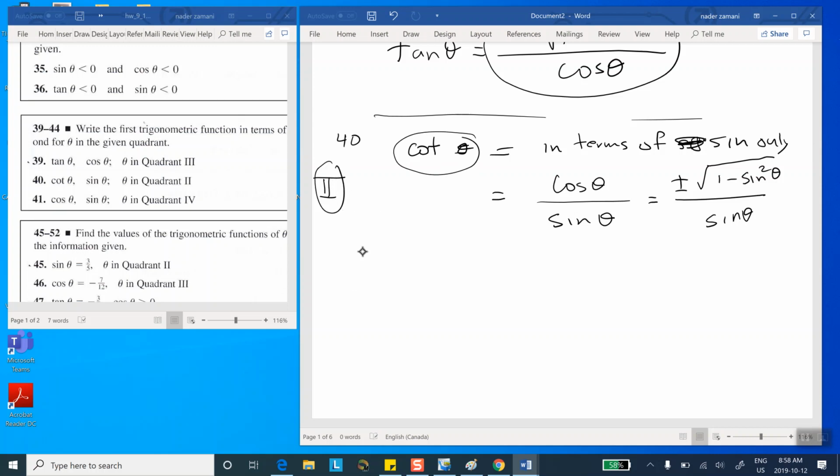We are told that in quadrant 2, let's think about it. Quadrant 2 is right here, correct? Now we know the only places where cotangent and tangent are positive are quadrant 1 and 3. So cotangent of theta is negative.